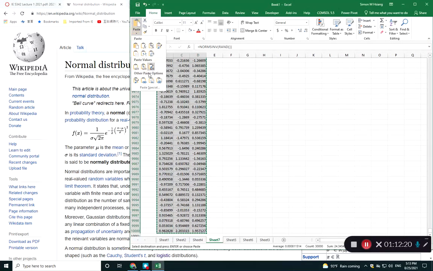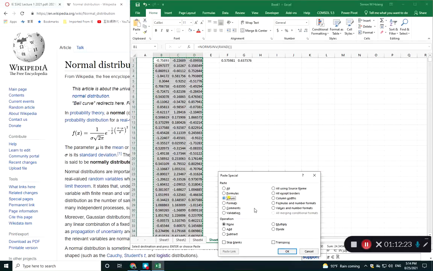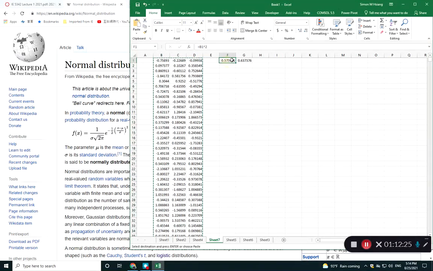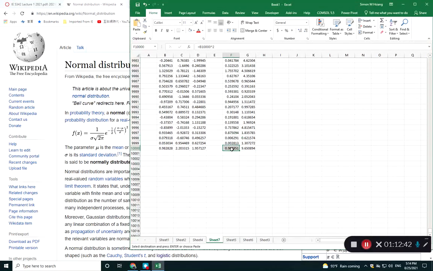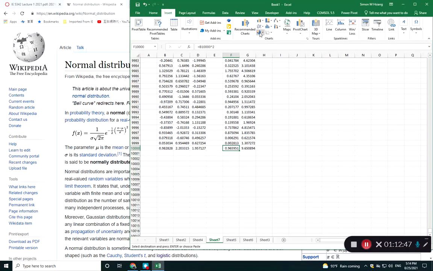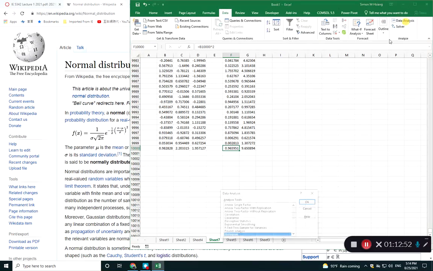Control C, paste special values. So I'm using 1 square versus using 3 squares, and then let me go to G 10,000. Now let's first compare the histogram of using only 1 square. Data analysis, histogram.